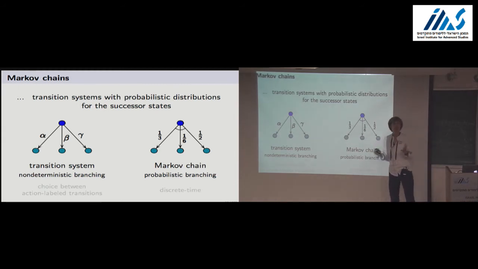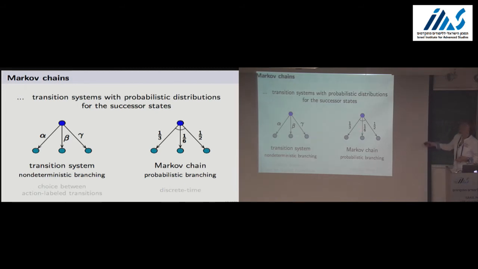And any choice between alpha and beta is viewed to be non-deterministic. So you are in a state, then you have a non-deterministic choice between successors. Now, in the purely probabilistic setting, a Markov chain, we do not need these action labels. They do not play any role. You could attach them if you like.